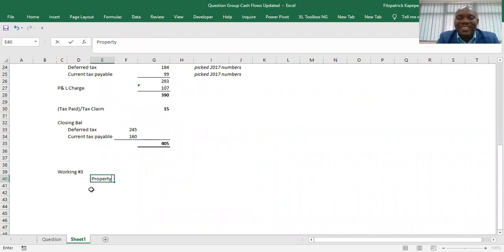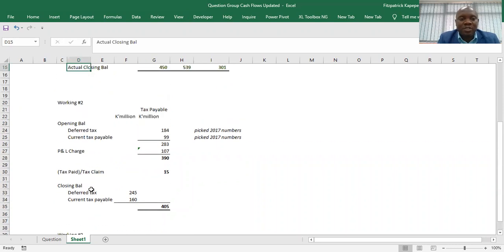Only those transactions that provide cash movements are the ones that will be taken care of. So we start again. We'll start with the opening.